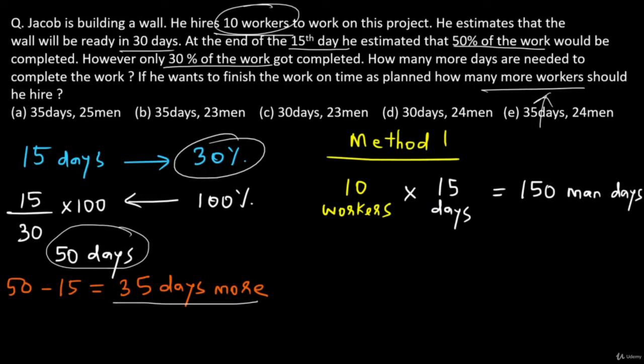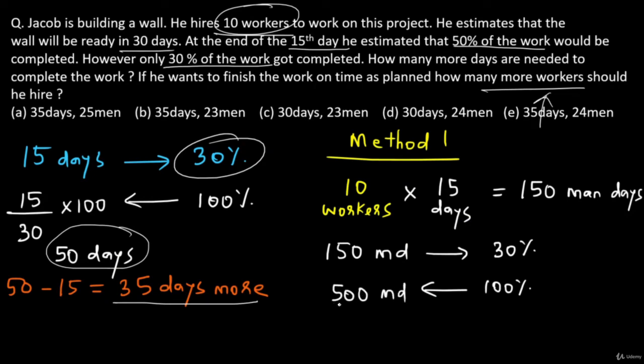So it means that 150 man days is equal to 30% of the work. Therefore, 100% of the work would be 150 by 30 into 100. That is equal to 500 man days. How did we get this over here? That's 150 by 30 into 100. So that gives you 500 man days as the total work.